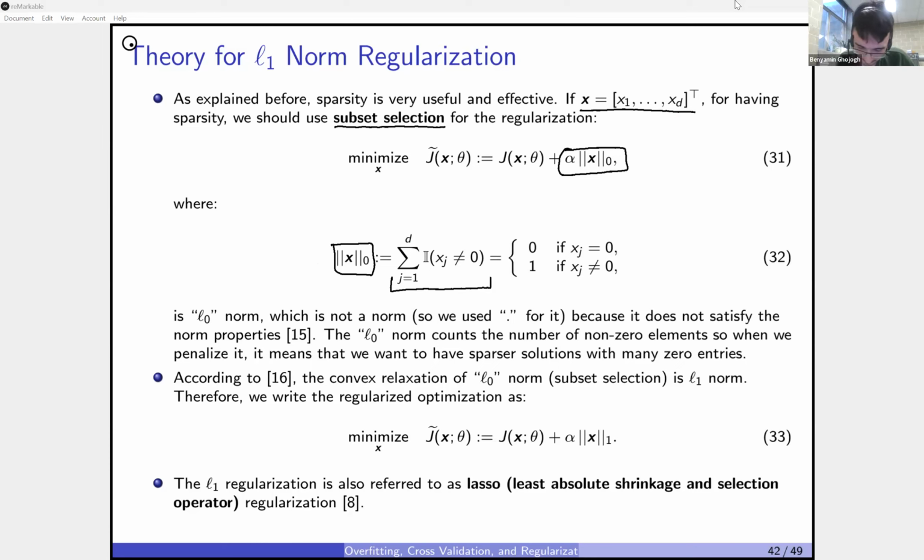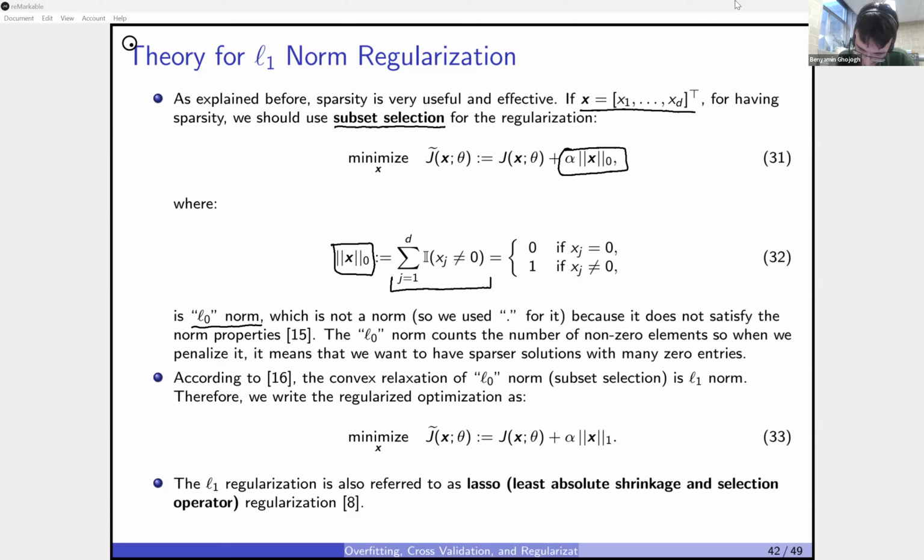This is the L0 norm, with quotation marks. What is the reason for the quotation marks? Because it's not a norm. It doesn't satisfy the properties of a norm. For more information on the properties of a norm, recall or refer to the preliminaries in my courses, statistical machine learning or deep learning.